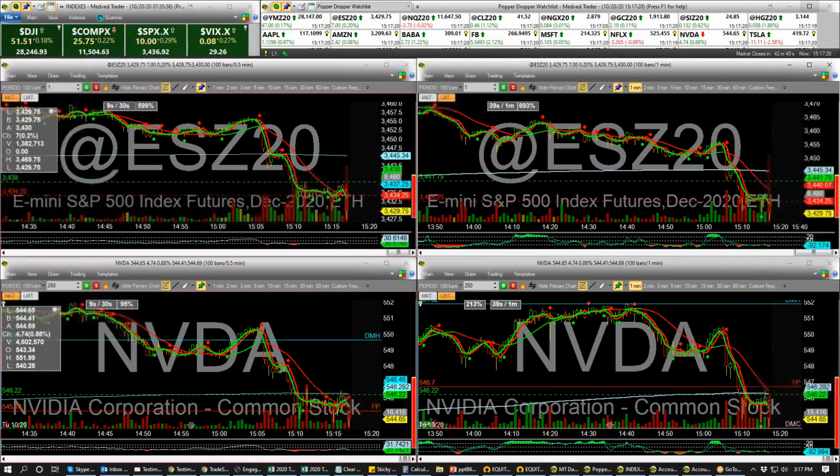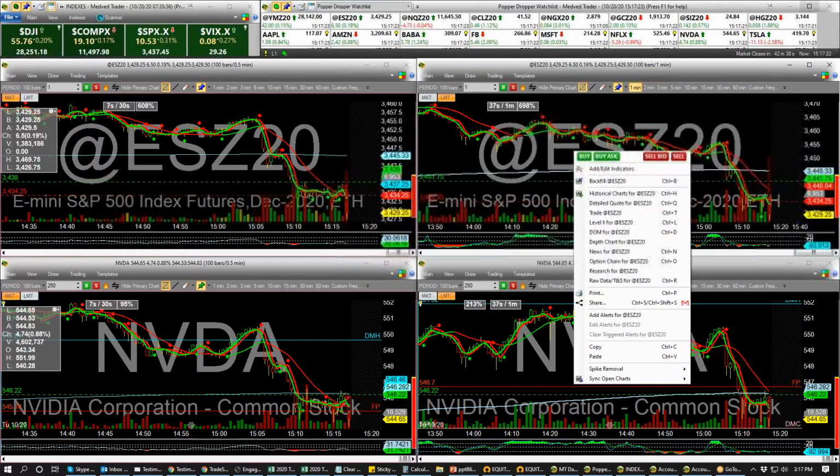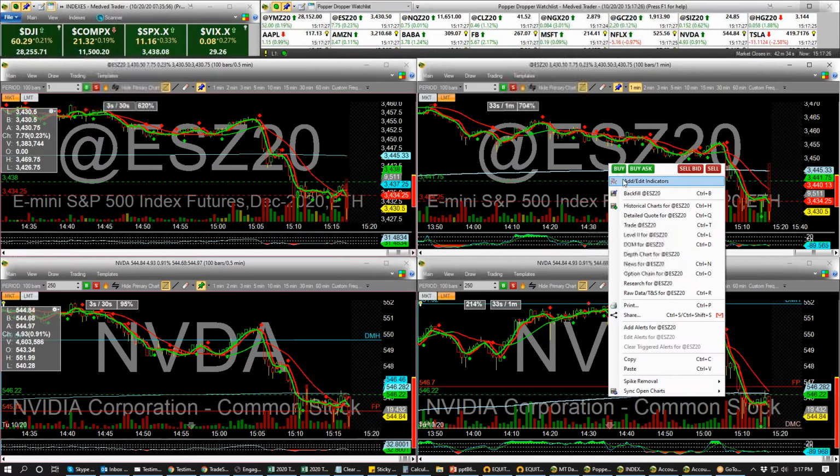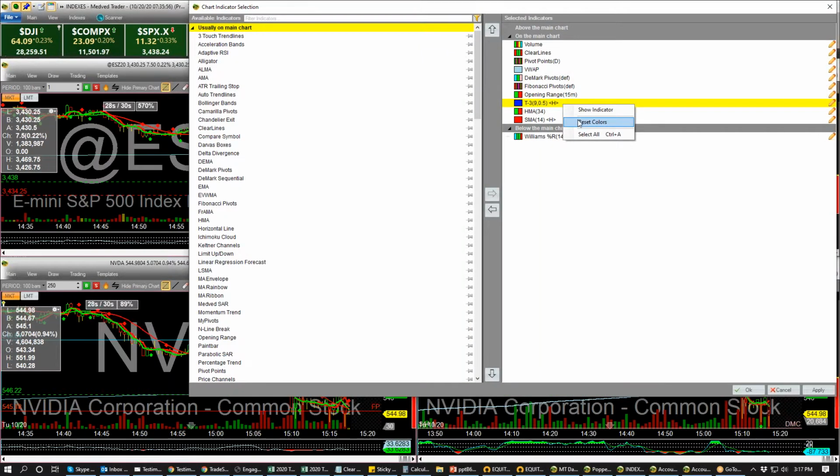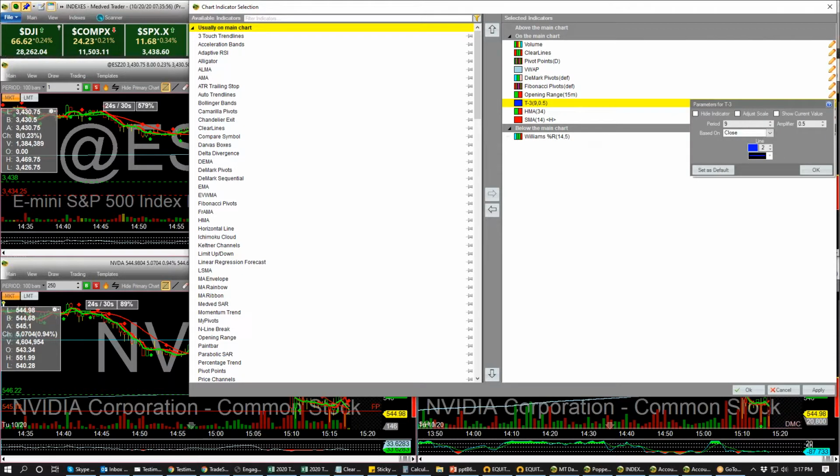The T3, Paul, is a 9 period. It's a 9 period T3. The amplifier is 0.5, which I think is the default. 9 period T3 with a 0.5 amplifier.